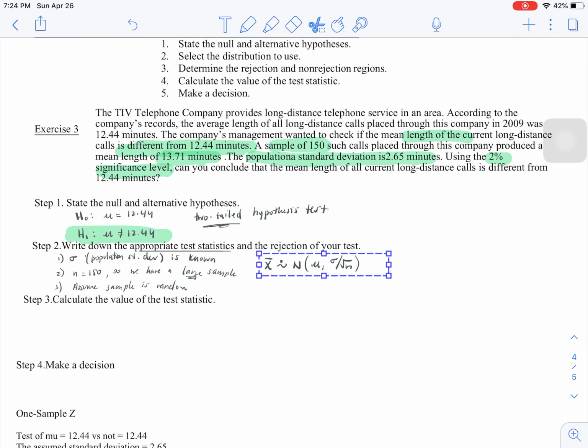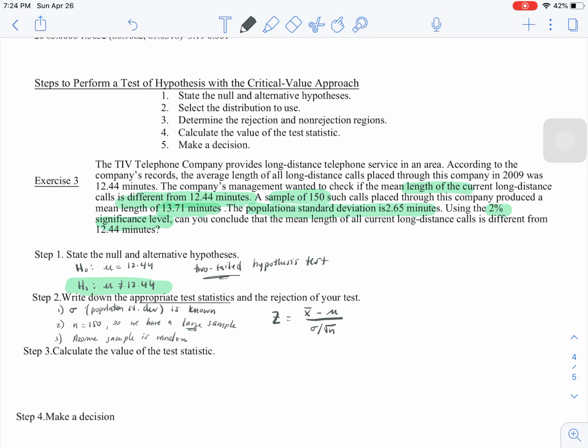So we can use the normal distribution. So our test statistic is the z-score. So it's our sample mean minus our population mean divided by its standard deviation. So we have our test statistic.